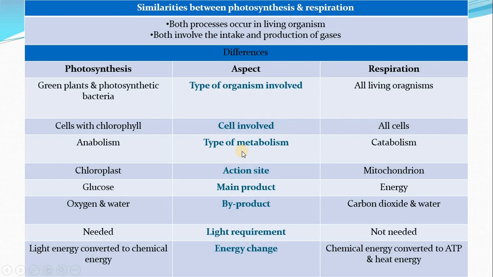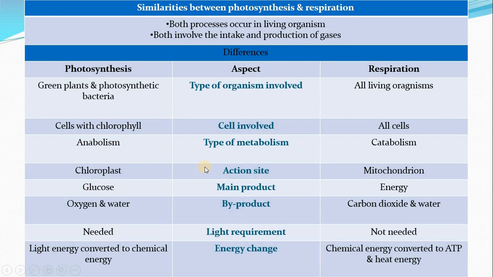I hope you can refer back to the chapter, Chapter 4 in Form 4. The type of metabolism of photosynthesis is anabolism, and for respiration it is catabolism. Catabolism is a breakdown process, and anabolism is a build-up process.